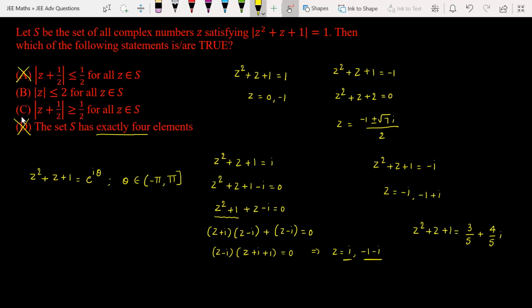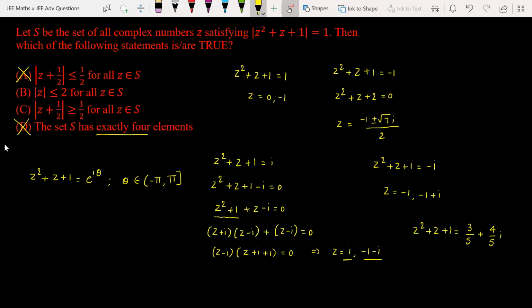Now let us look at option B and option C. For option B and option C, let us try to use triangle inequality. So if you observe carefully, z square plus z plus 1 can be written as z plus half whole square, if we complete the perfect square, plus 3 by 4. So let us do it.